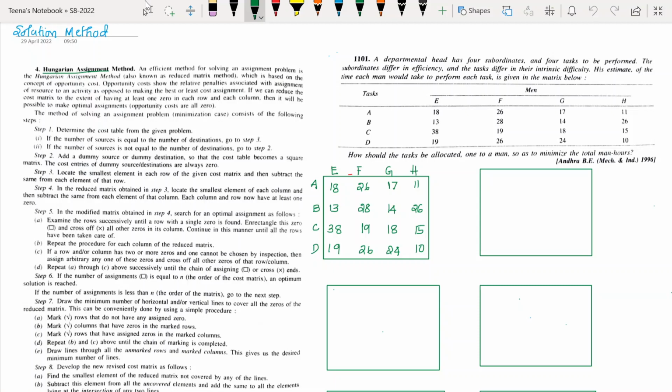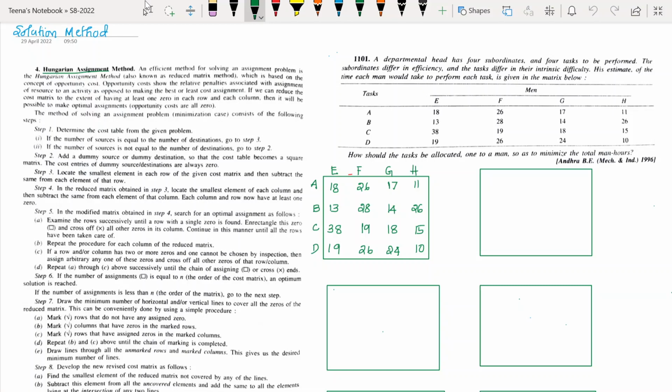So like that, this matrix can be explained. How should the tasks be allocated, one to a man, so as to minimize the total man hours? Minimization of the total man hours is the question.